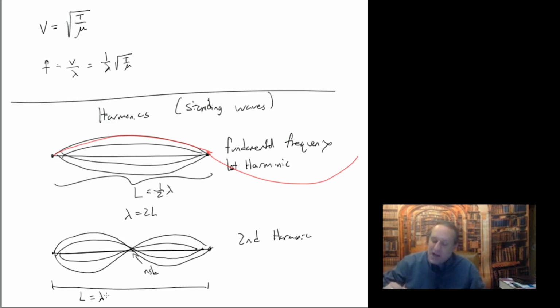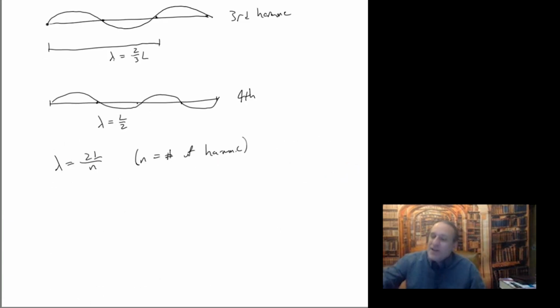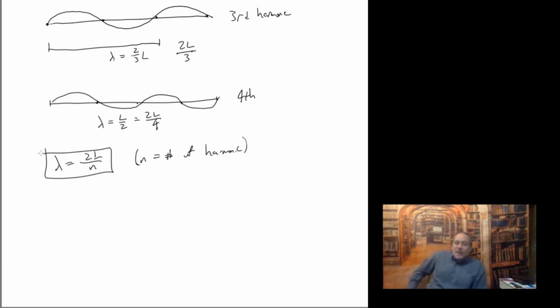We had 2L, and then this would be equal to 2L over 2. The next one is 2L over 3. The next one is 2L over 4, and so on. 2L over 4 reduces to L over 2. So there's a pattern for the wavelengths of all of the harmonics. And once we find the pattern, it becomes really easy to find the other harmonics.